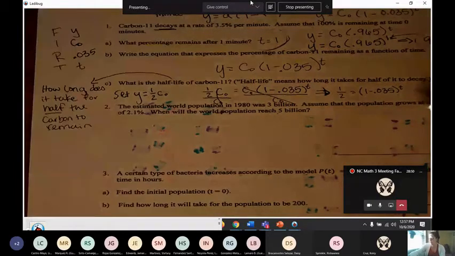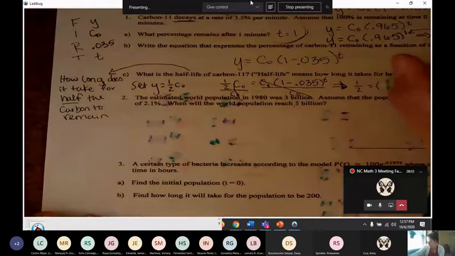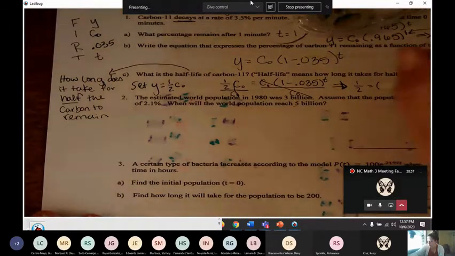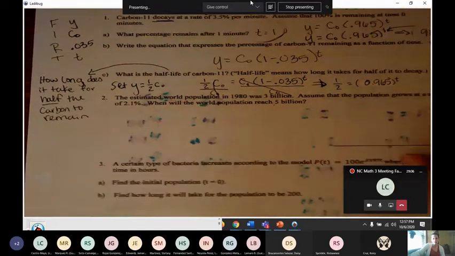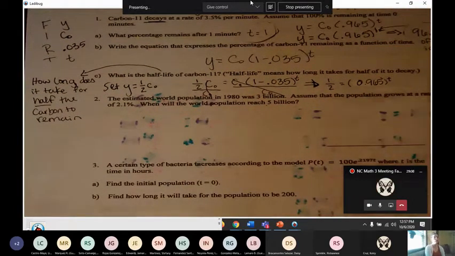And this 0.035, I could rewrite as 0.965. They're the same. What questions do you have?